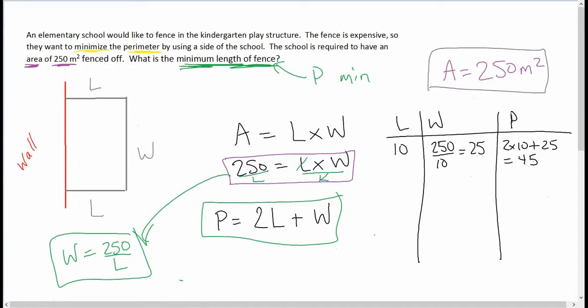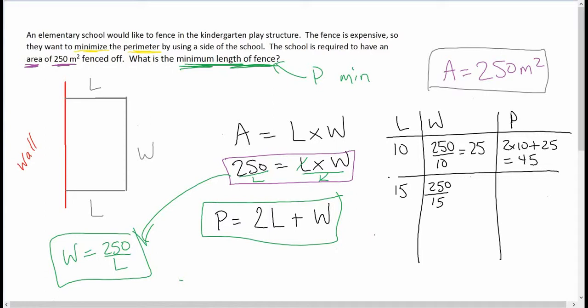Okay, what are some other lengths that we can try? We could try a length of 15. Now we have 250 over 15. I'm going to use a calculator to make sure I get the number right.